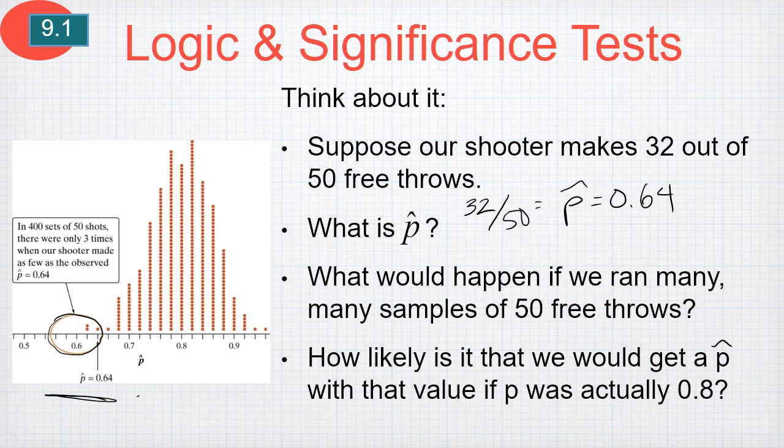So what's the math on that? 3 out of 400 would be a probability of 0.0075. It's very unlikely that if I'm observing 64% of her free throws, it is actually 80% like she's claiming. So the claim doesn't have a lot of legitimacy in my mind.